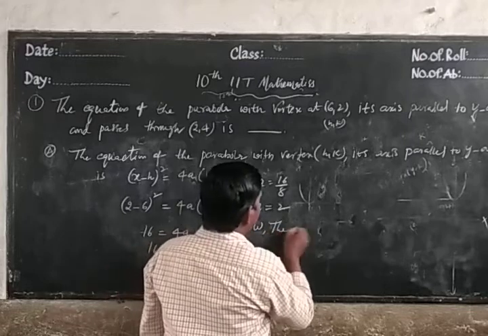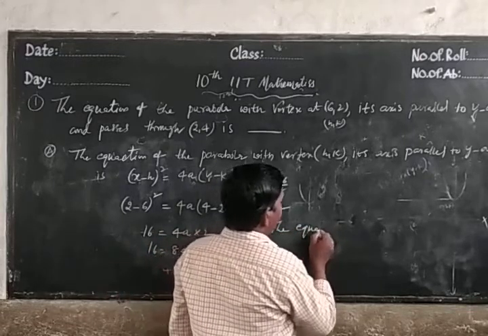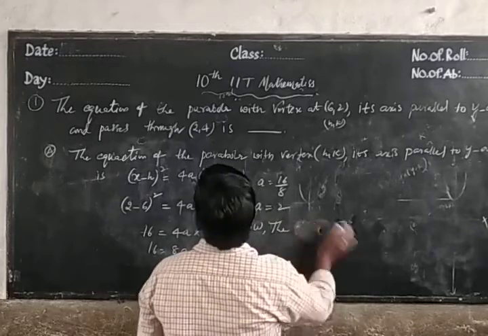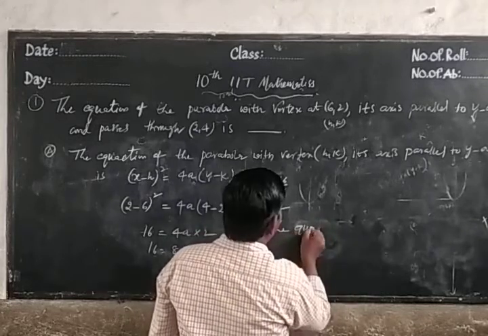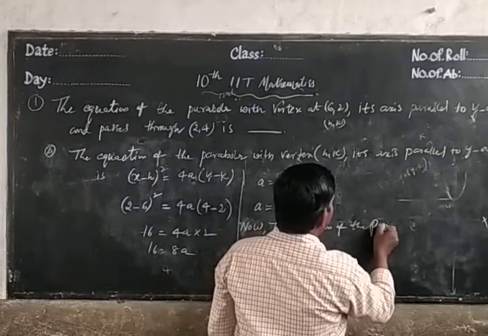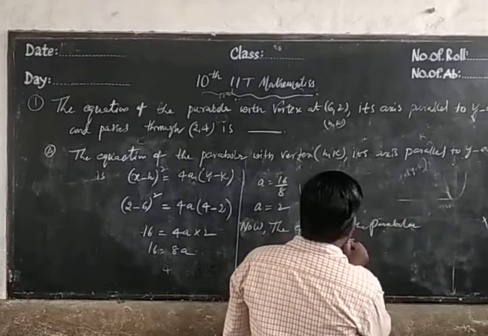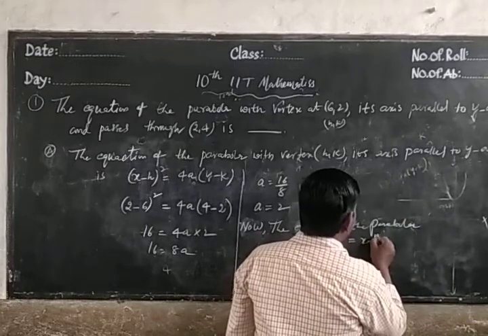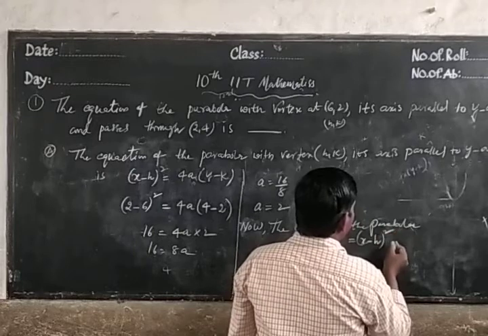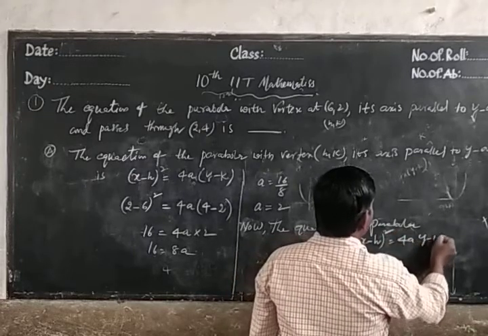Now the equation of the parabola: (x minus h) whole square equal to 4a into (y minus k).